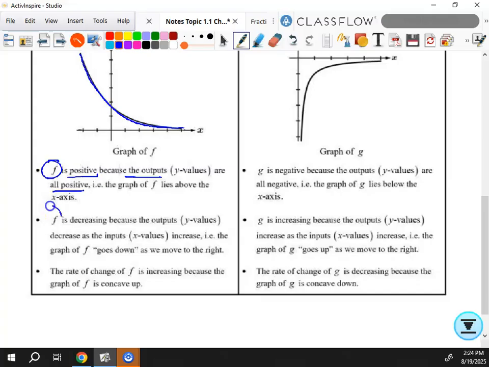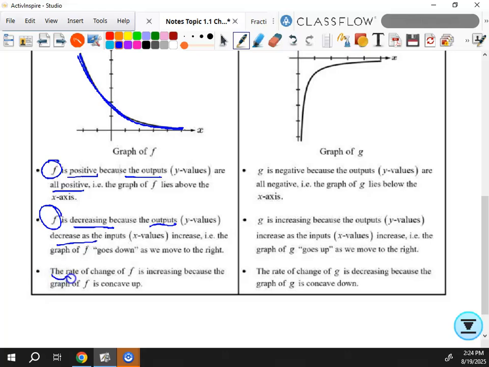Then F, the function, is decreasing because when I go from left to right, the output values are getting smaller. So the outputs decrease as the inputs increase. That's a function property.